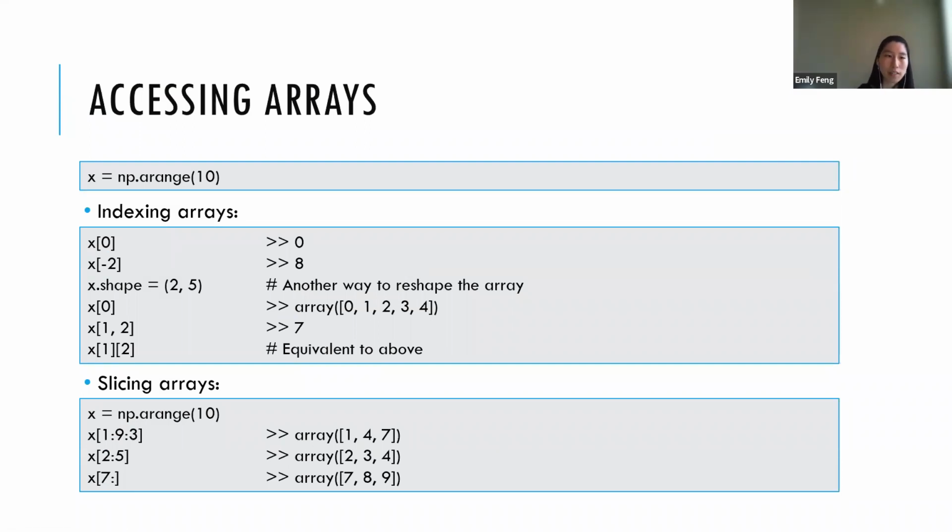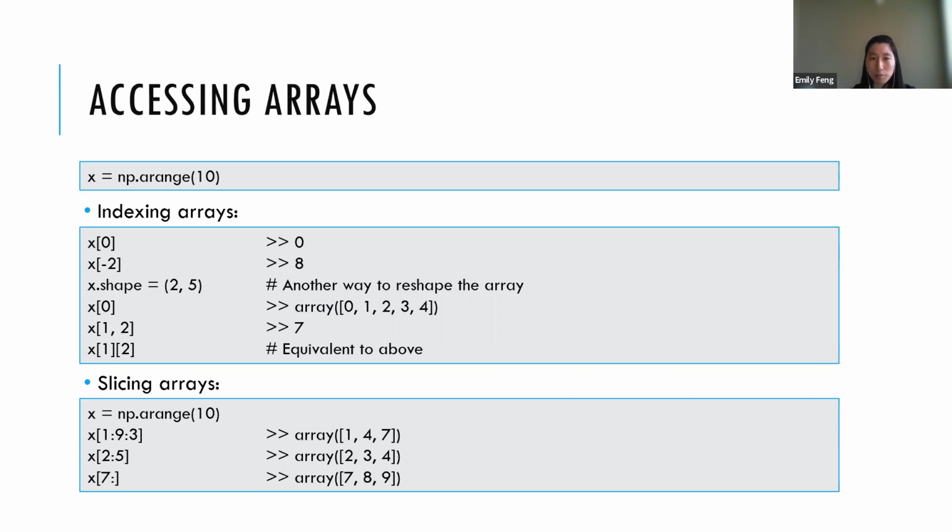So the example I'm using here, array X, is range 10, which means it's an array of 0, 1, 2, 3, 4, 5, all the way up to 9. And we can index arrays using the square bracket syntax. So for example, X of 0, just another reminder, Python counts from 0. So X of 0 will give us 0, which is the first element in the array. And you can also put in negative indices.